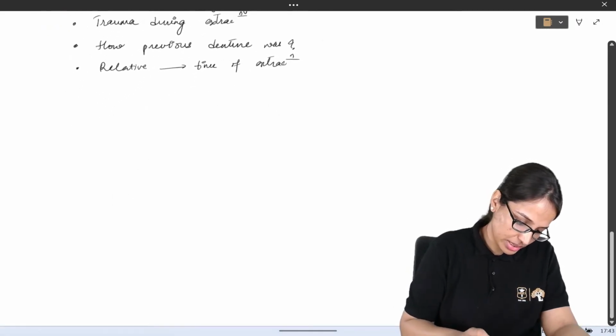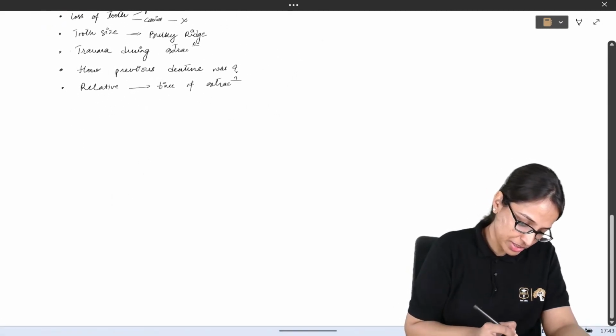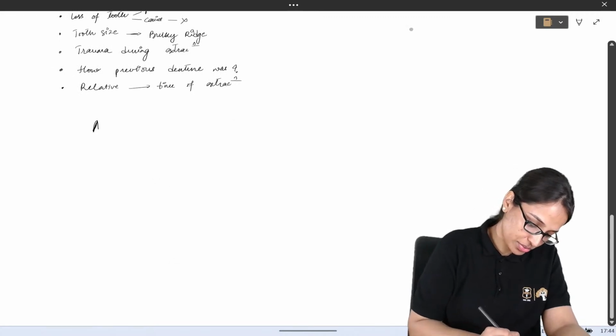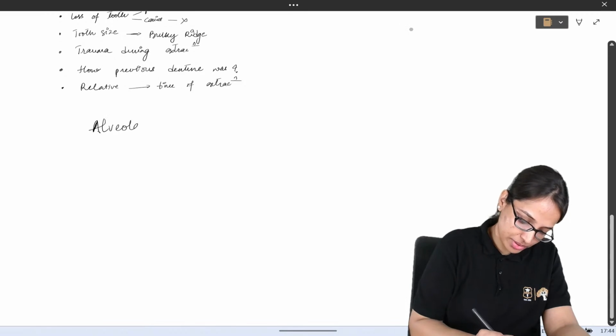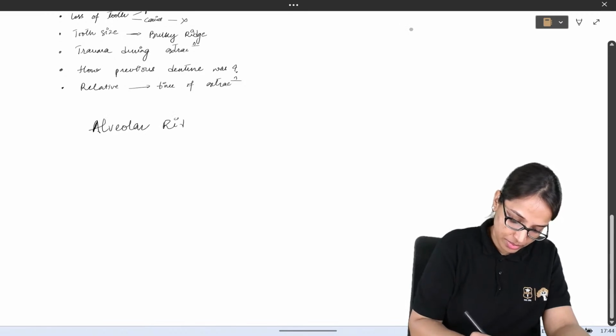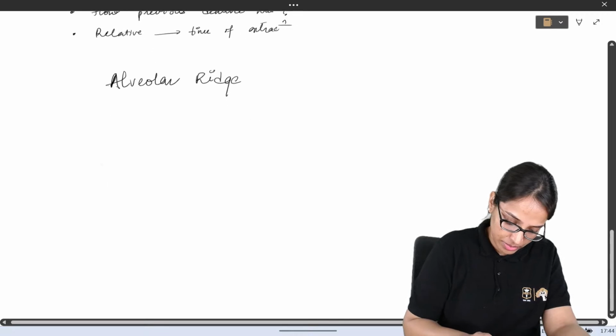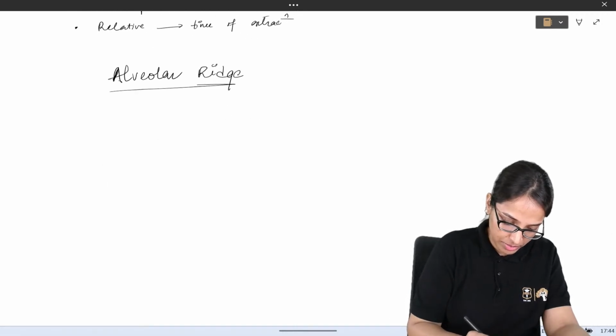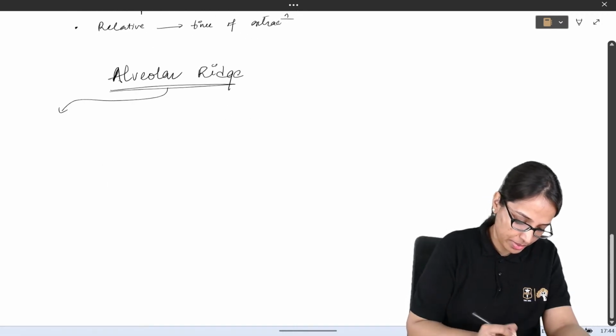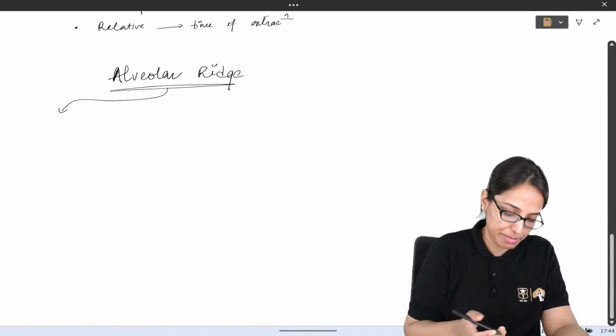If we start discussing the different anatomic shapes of the alveolar ridge, this could be the shape or the anatomy of the palate.